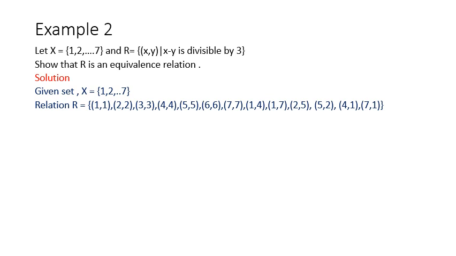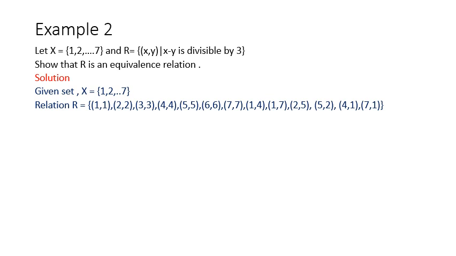Then (1, 7), the difference is -6, which is divisible by 3. Then we can move to (2, 5): 2 minus 5 is -3, which is divisible by 3. Then with 4 we can write (4, 1) and (5, 2) and (7, 1). Okay. These are the ordered pairs which come under the relation R.